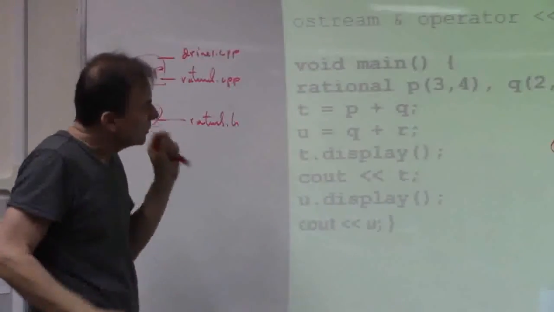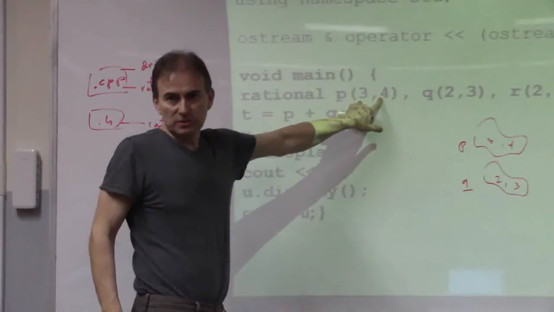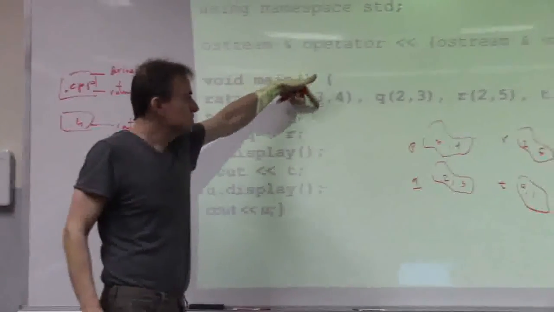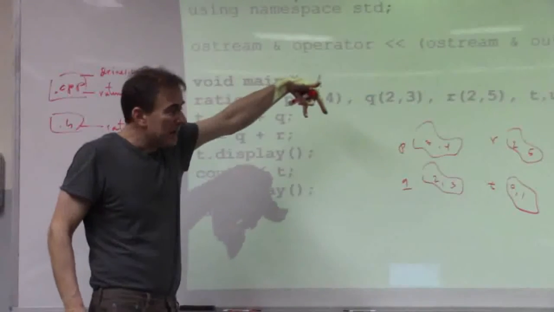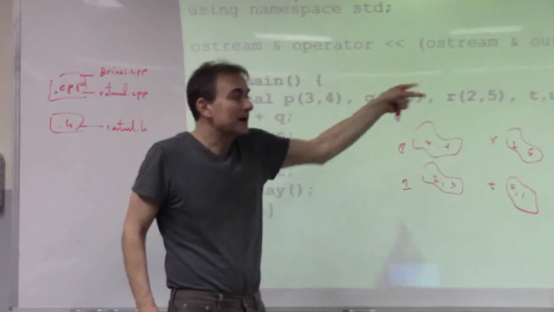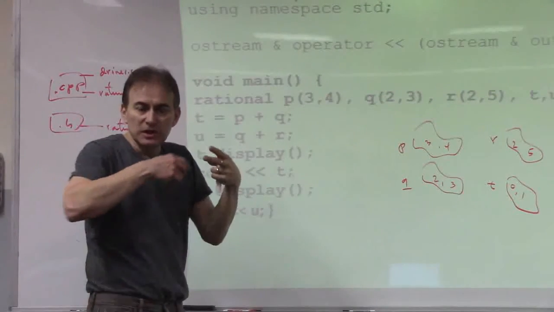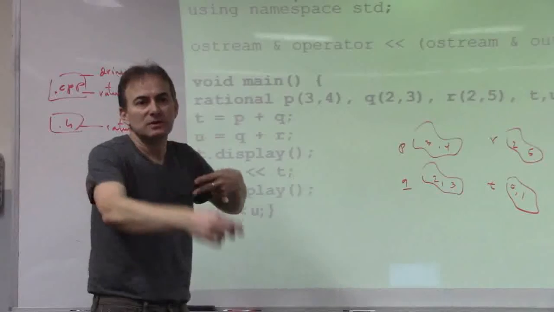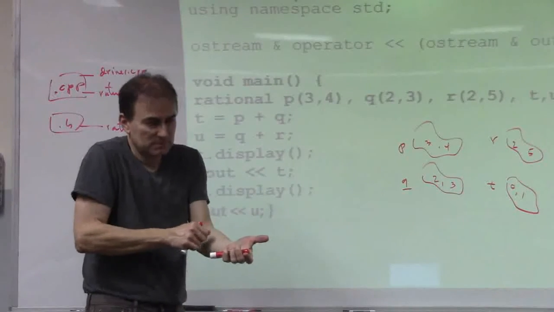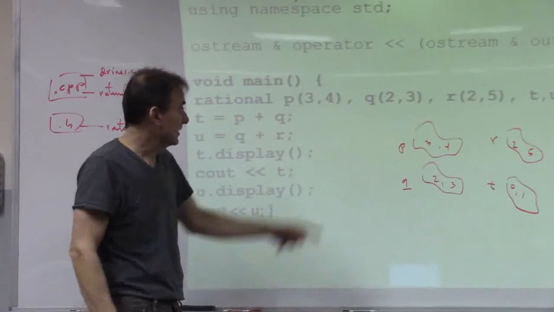Now, do you remember that when we called the int constructor, we passed in these two parameters, and then we grabbed those two parameters and we set top and bottom to them using the member initializer list?